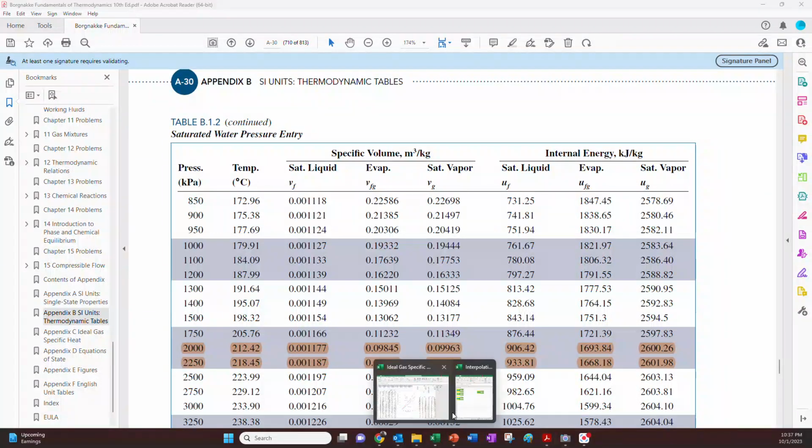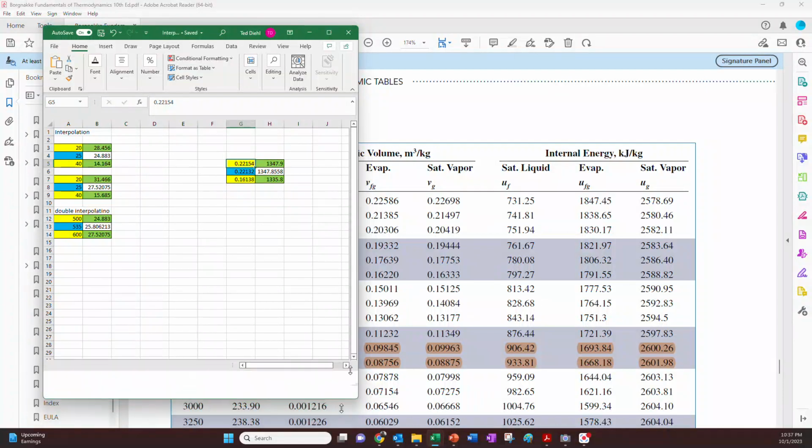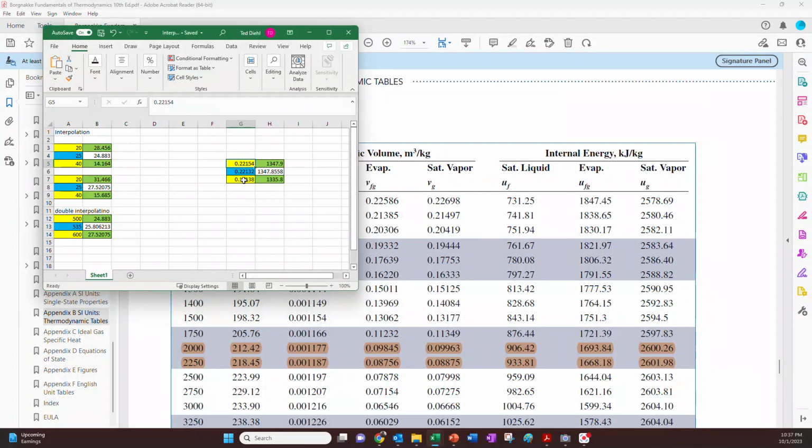So let's see, put back in here. This is just that same routine. I've set the table up just like I do all the others right here. Let's say that we have this guy, 0.09963.